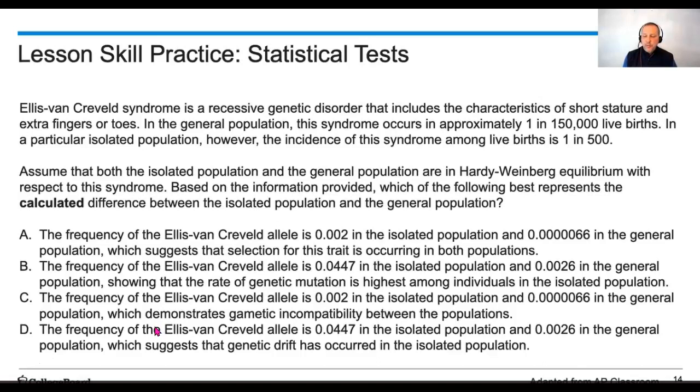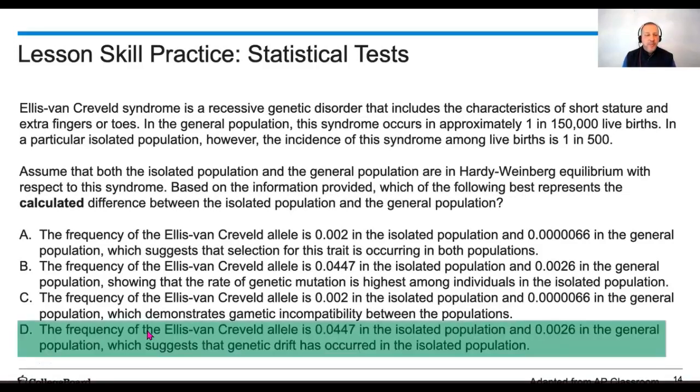Welcome back. For this question, you were supposed to look at, based on the information provided, which of the following best represents the calculated differences between the isolated population and the general population. Your answer should have been D, that the frequency of the Ellis-van Creveld allele is 0.0447 in the isolated population and 0.0026 in the general population, which suggests that genetic drift has occurred in the isolated population.